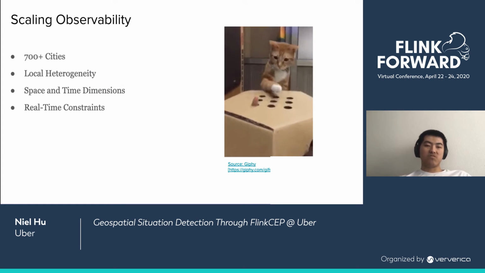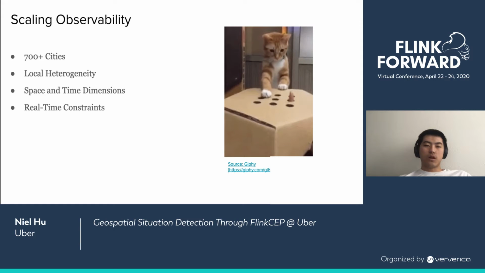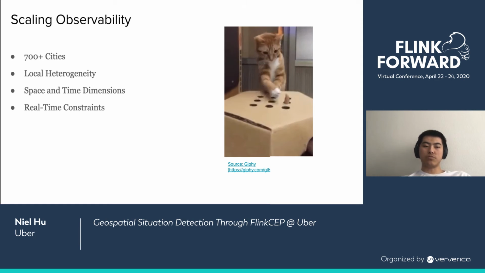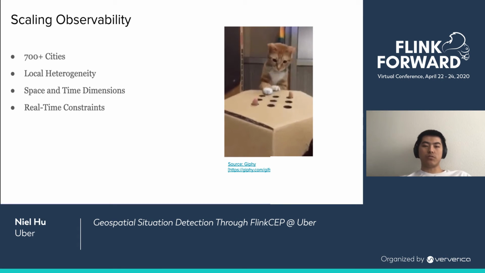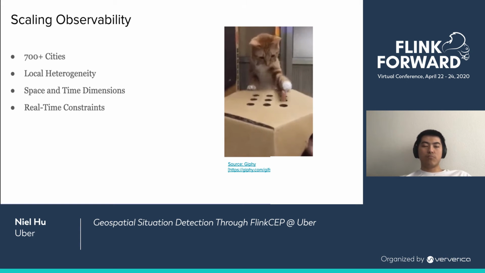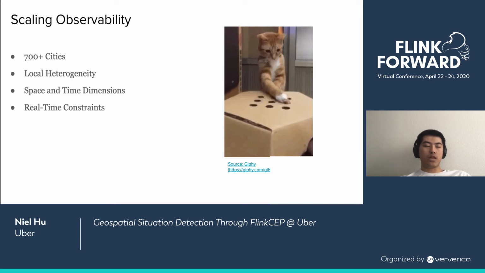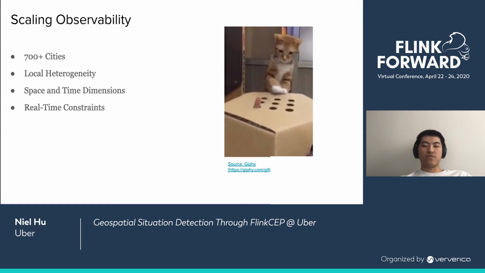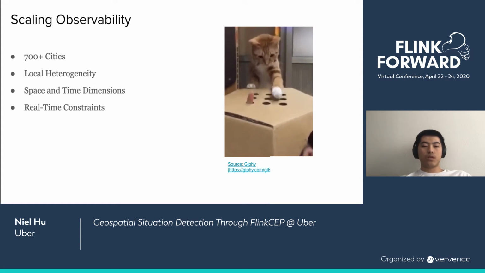How do we scale observability? Uber is operating in 700 plus cities around the world across multiple time zones. The sheer scale of these problems makes it even harder. But second, every market is different. Every neighborhood, every block, every corner is different. Cities are under different regulations. Cities have different road networks and different traffic patterns.